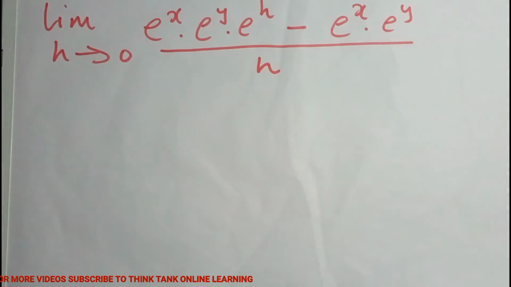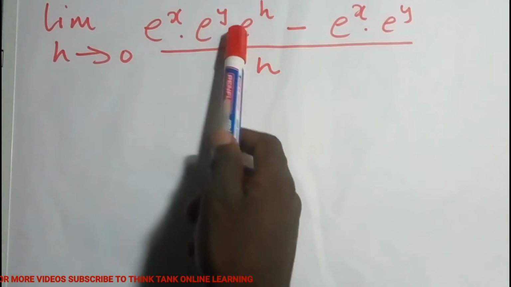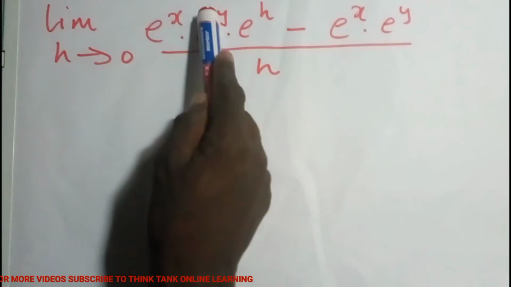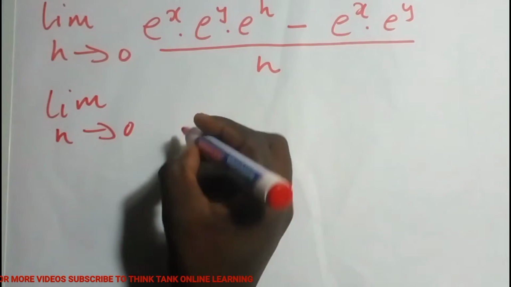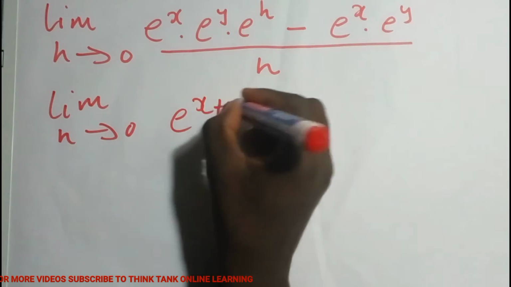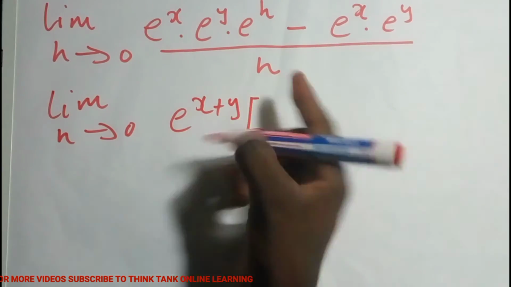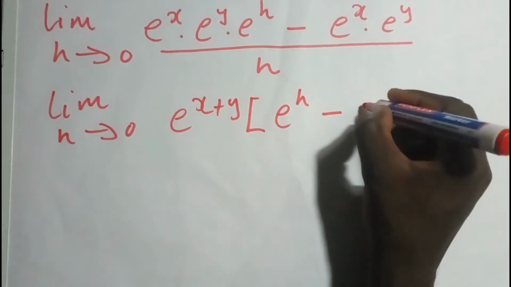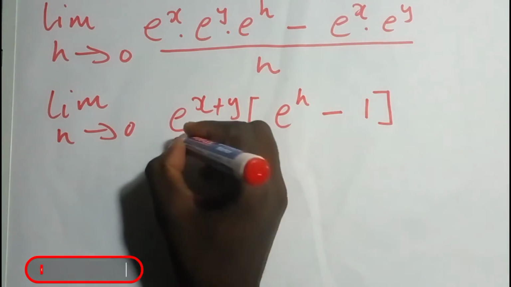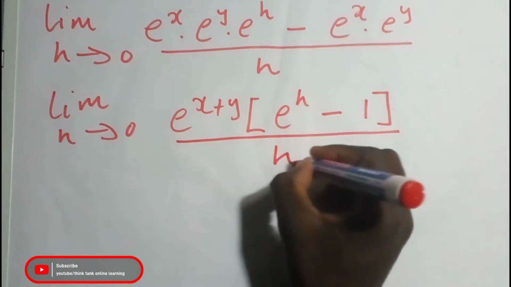Okay, because if you multiply e to the power x and e to the power y, since they have the same base, you just add. So as you can see, we can just factor out e to the power x plus y. Okay, and if we do that, we're going to say the limit as h approaches 0 of e to the power x plus y, and you're going to be left with e to the power h minus 1, divided by h.